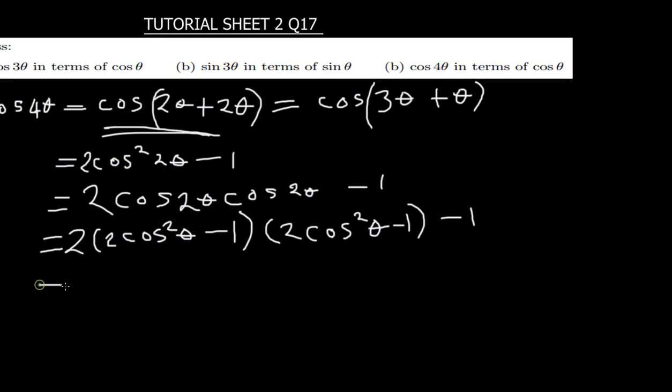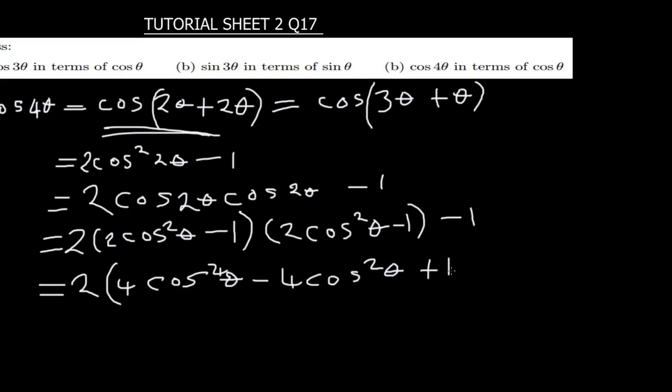So when you multiply the 2, inside the brackets we're going to have 4 cos to the power 4 theta, and then something like negative 4 cos squared theta, and then plus 1 this side, then outside minus 1.